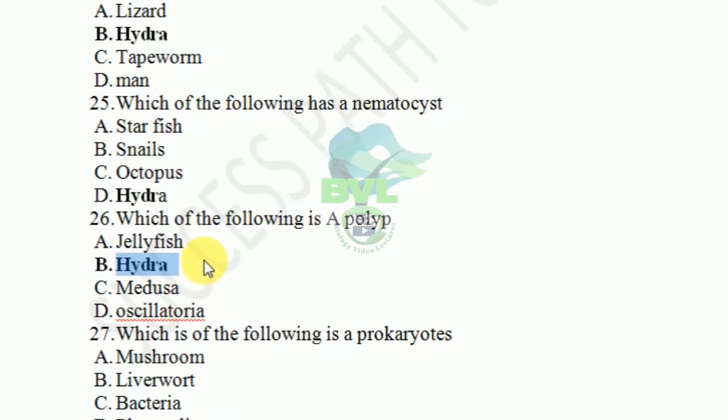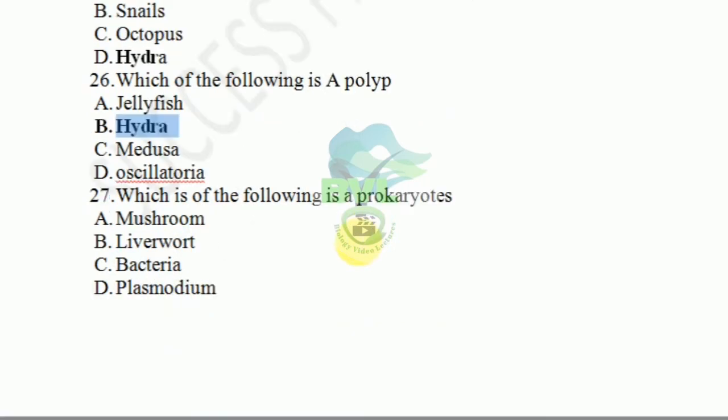Cnidaria is a new name for coelenterate or coelenterata. Now this jellyfish is umbrella shaped, so we call this one medusa, while hydra is cylindrical shaped, we call that polyp.